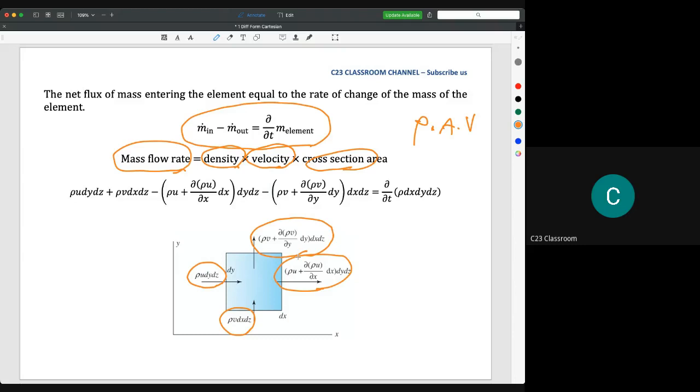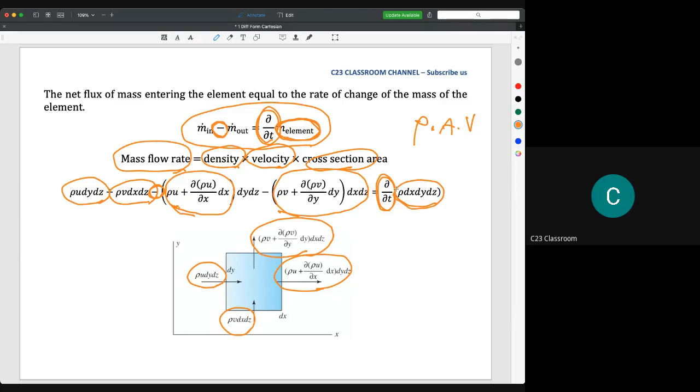So we could write rho u dy dz as the inlet and rho v dx dz as the inlet, minus, because the equation here is minus, the mass flow rate outlet for x and the mass flow rate outlet for y, and then it is equal to del/del t. So we write del/del t and we need to write the mass of the element.